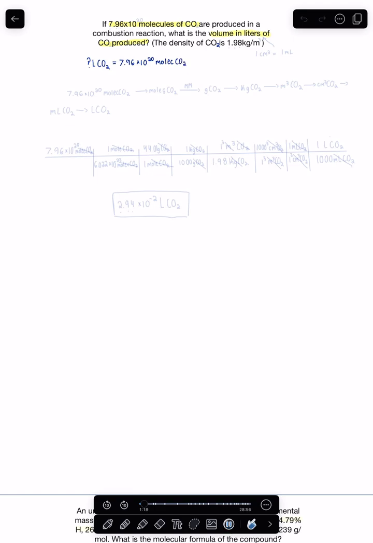CO2. Okay, so now that we have that clearly written, I'm going to go ahead and write a roadmap. So we are going to start with the 7.96 again. And we know that to convert eventually into liters, we are going to have to first convert this into moles.